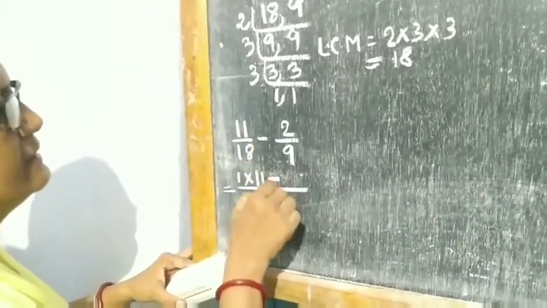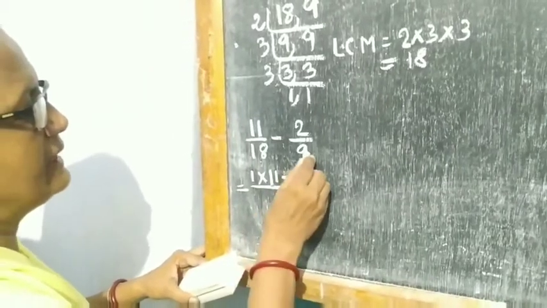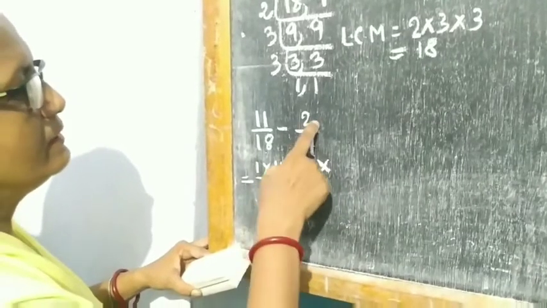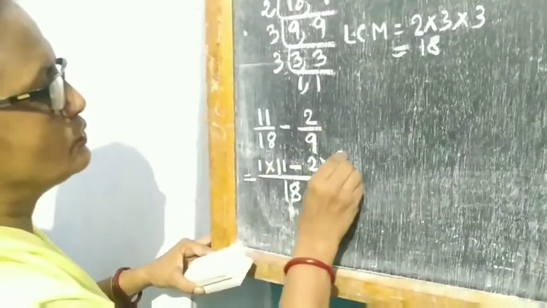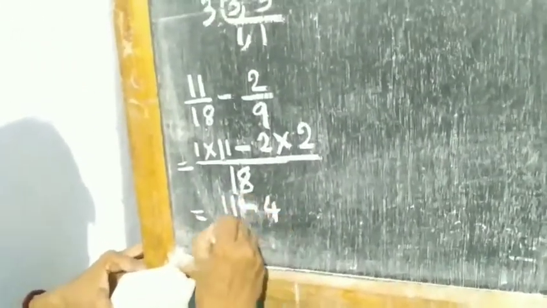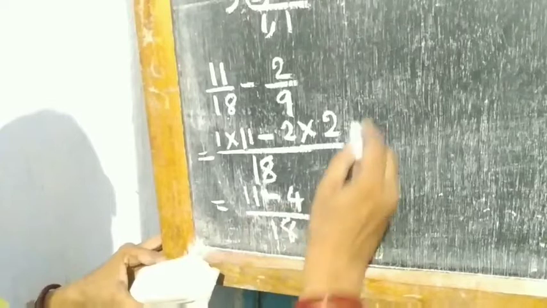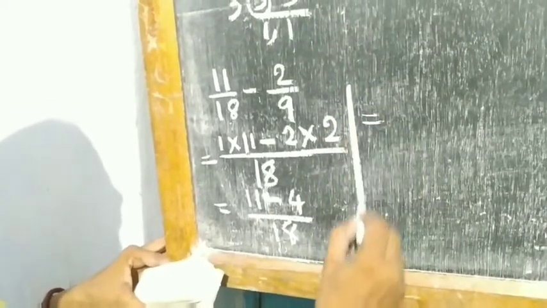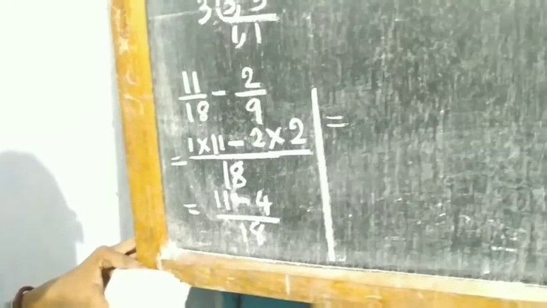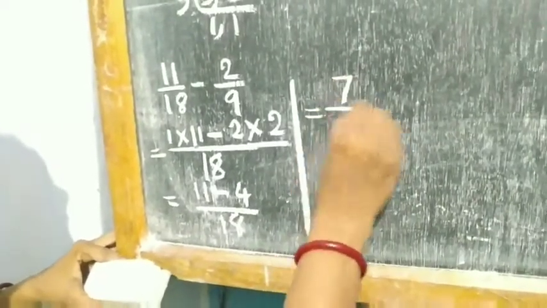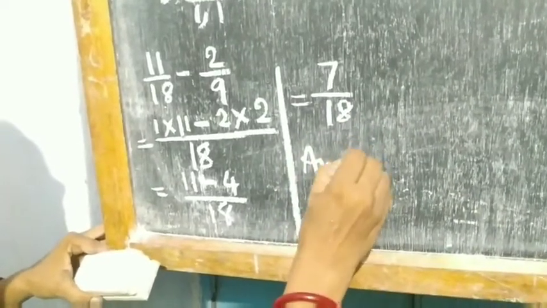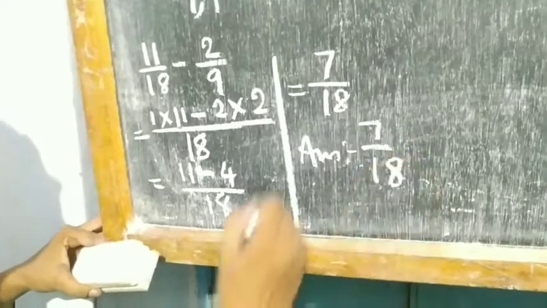So write 11 minus, now 18 divided by 9 is 2, so 2 into the numerator 2. So write 2. So 11 minus 2 twos are 4, by 18. Now what is 11 minus 4? 11 minus 4 is 7. So 7 by 18. So answer, 7 by 18.